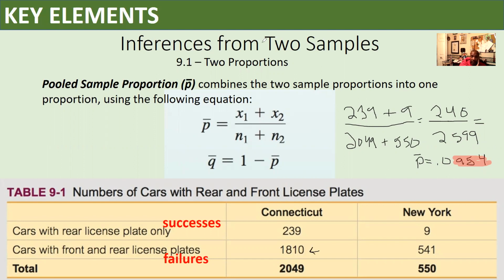All right, now we also want to calculate Q bar. That's going to be 1 minus our 0.0954, which gives us a value of 0.9046. Now, we want to attend to this for 3 significant digits.